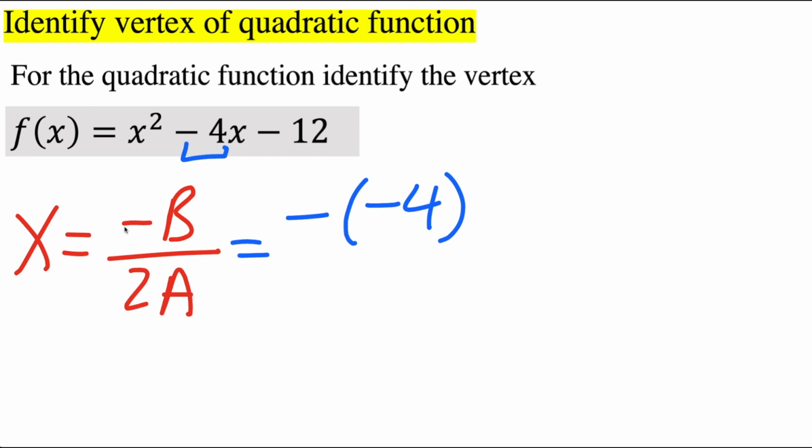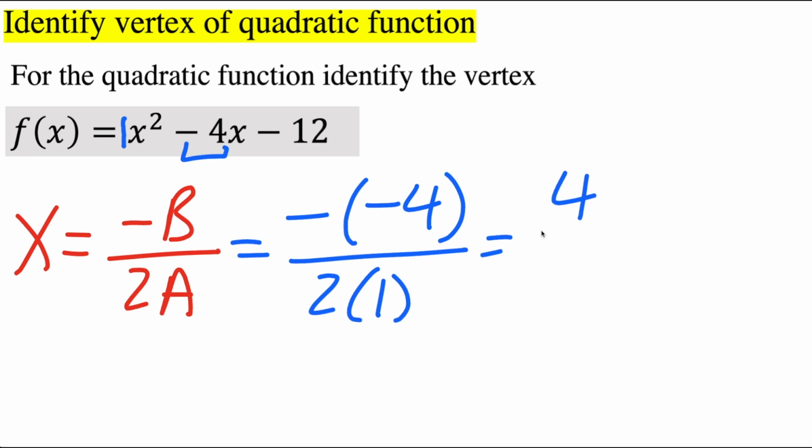And in our formula, it's minus b divided by 2a, the a value. So if there's no number in front of the x squared, we know the number in front is a 1. So we will have 2 parentheses 1. So we get negative negative 4 is positive 4 divided by 2 times 1 is 2. 4 divided by 2 is 2. So the x coordinate of our vertex is 2.